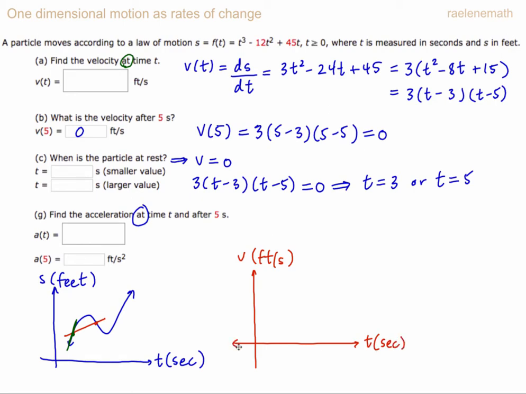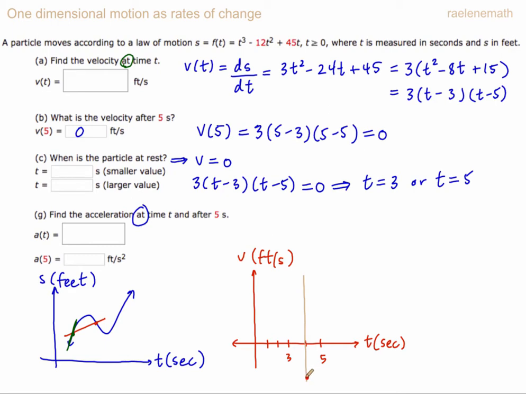And I have a concave up parabola with two time intercepts at 3 and 5. And so I know that I have an axis of symmetry which is somewhere along t equals 4, and I could substitute 4 in for the t. 4 minus 3 is 1, 4 minus 5 is negative 1, times 3 is going to give me negative 3.